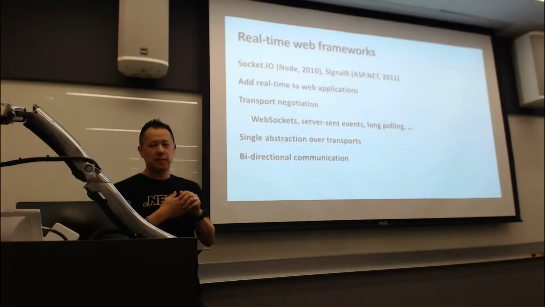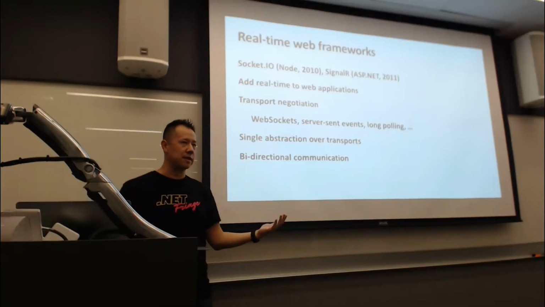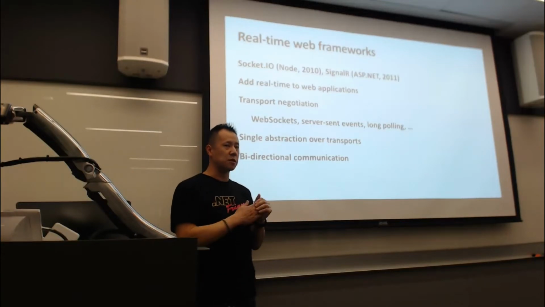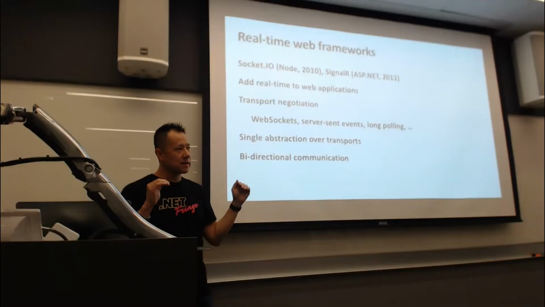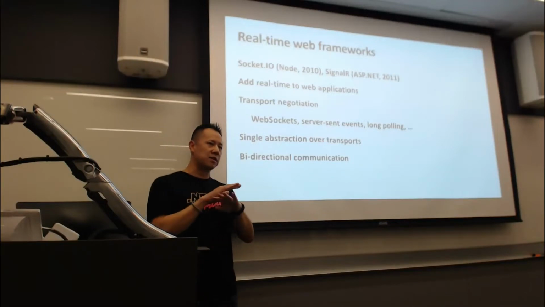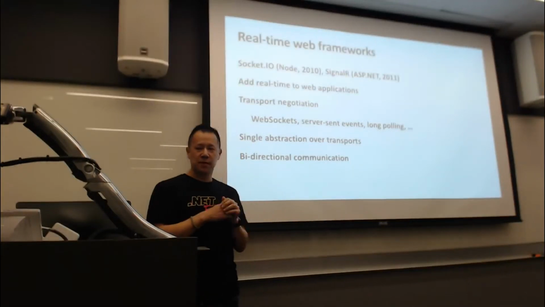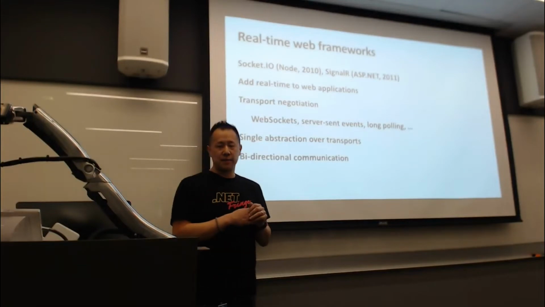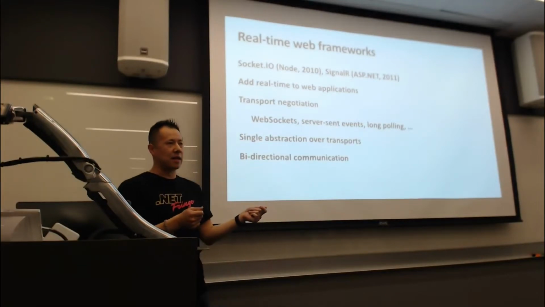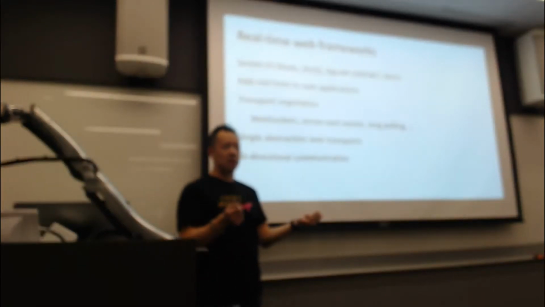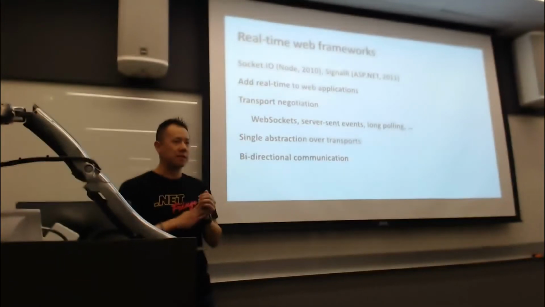So what Socket.io and SignalR and these other real-time web frameworks do is provide a layer of abstraction over the underlying transport, so you don't have to worry about it. You can just add the library, and then you get real-time on your application.